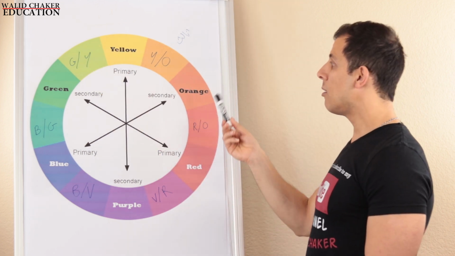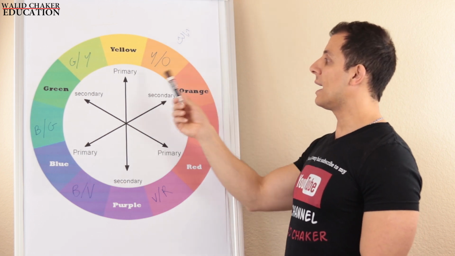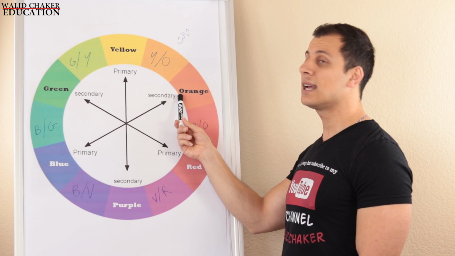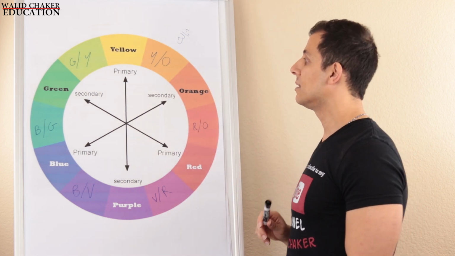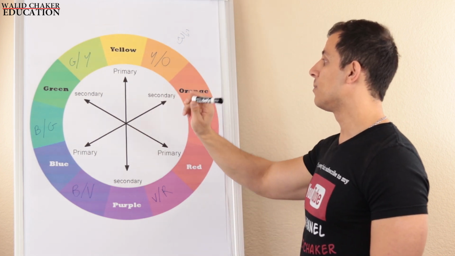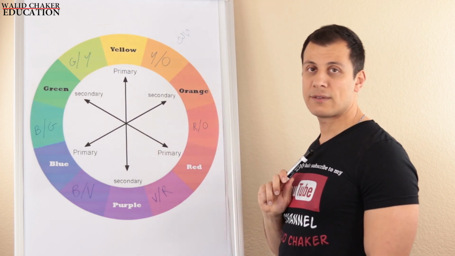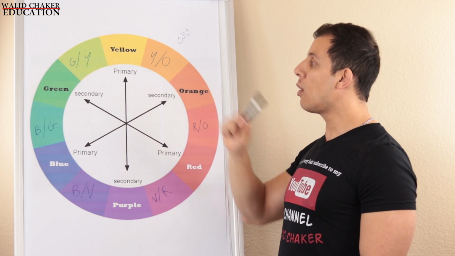How do we create the tertiary colors? I mix the primary color with the secondary color, and it gives me the tertiary color. So if I mix the yellow and the orange, what's going to give me? They're going to give me yellow orange.